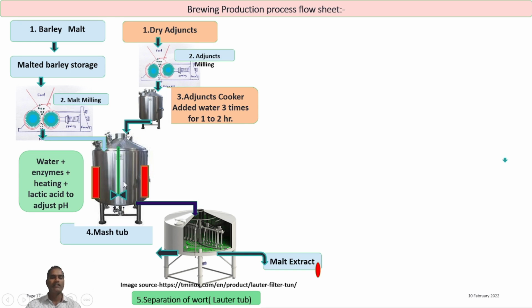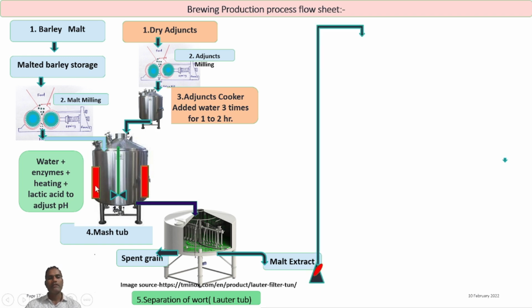Insoluble substances present in the mash are converted into soluble substances by slight hydrolysis through the enzymatic process. The next step is the separation of the remaining spent grains in the separating tub. It is also called a lauter tub, or the separation of the wort process.